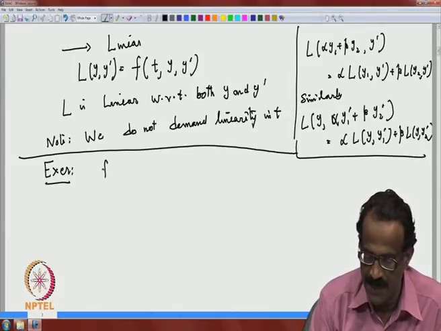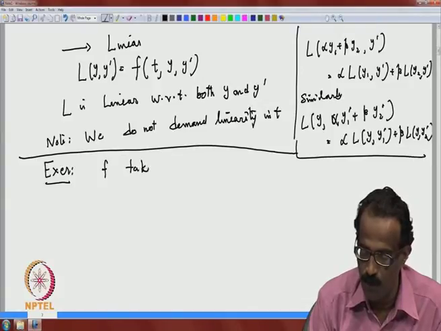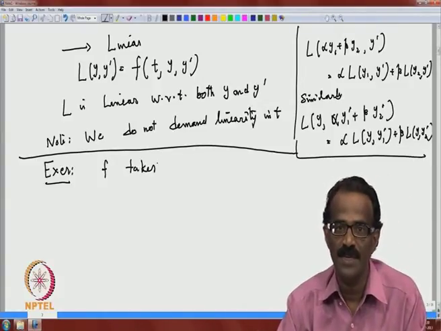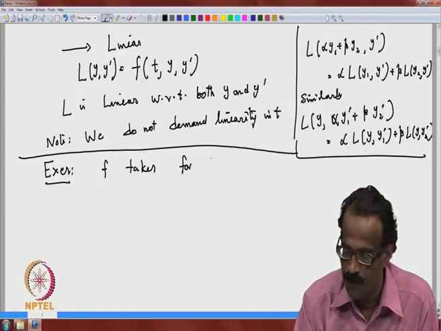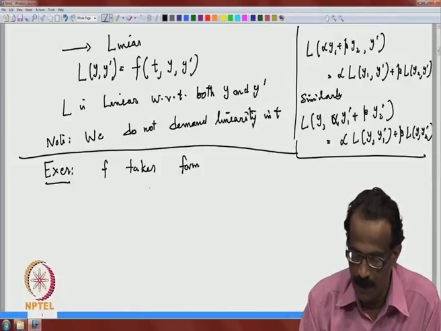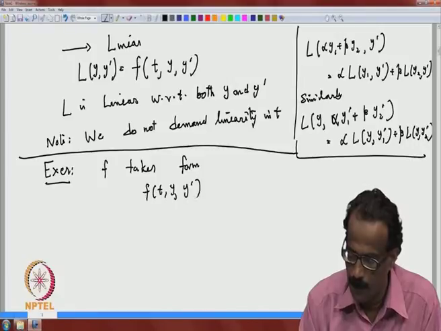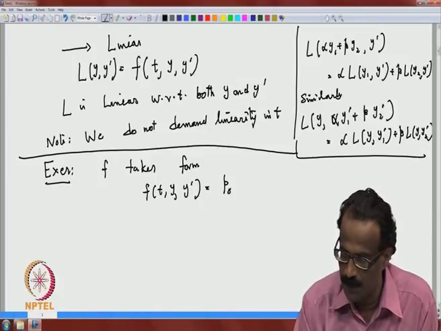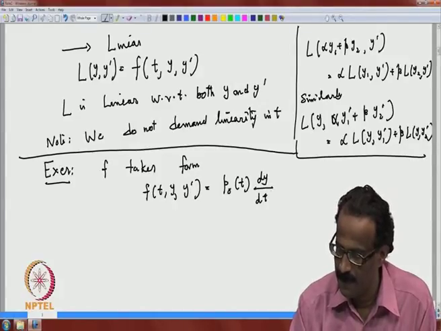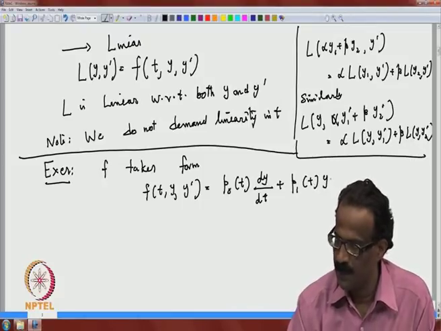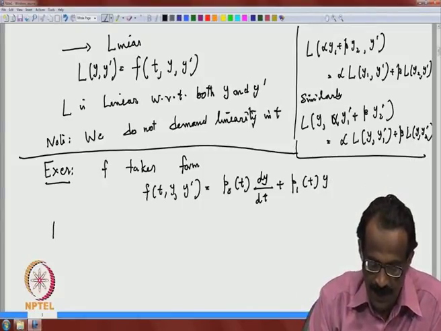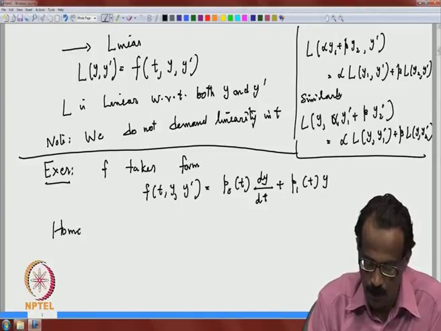Once you have this linearity property, the general form of f can be written. f of t, y, y prime takes the form p naught of t dy by dt, that is y prime, plus p1 of t into y of t. This is called a homogeneous equation.